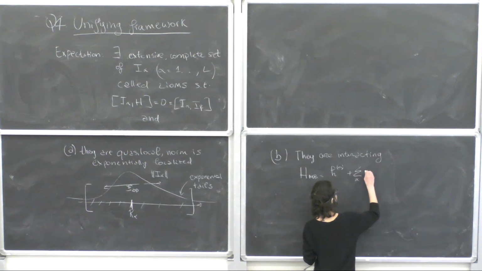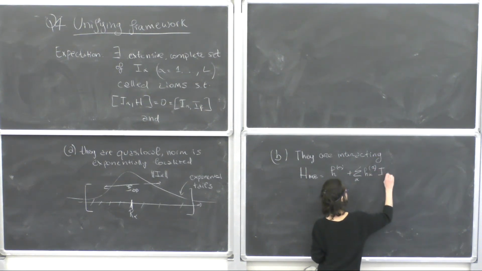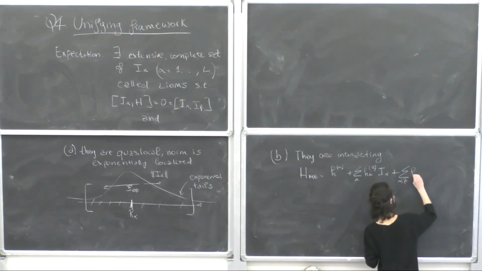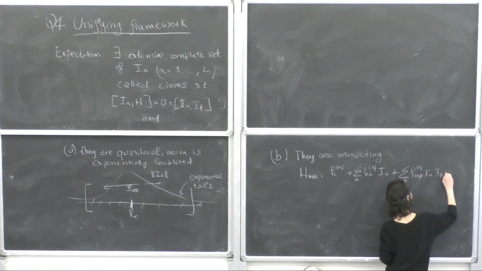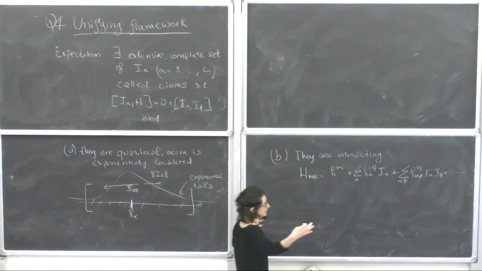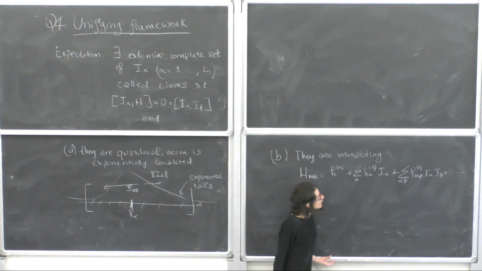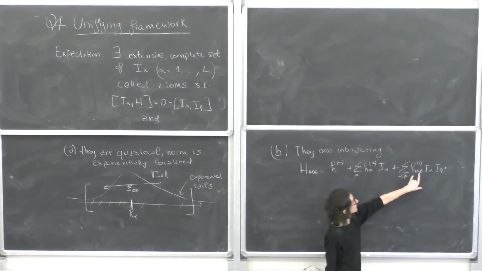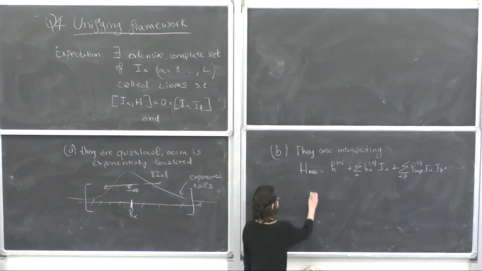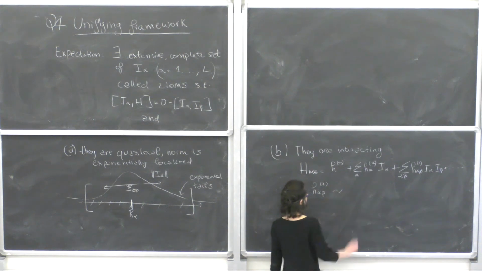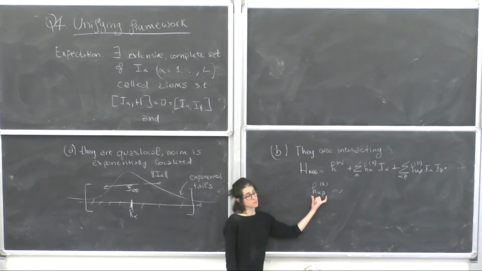But then I have a sum of linear terms, pairwise interactions, and I can go on. I have arbitrarily long strings of products of these operators, with the feature that the couplings, for example H alpha beta 2, are themselves exponentially decaying.